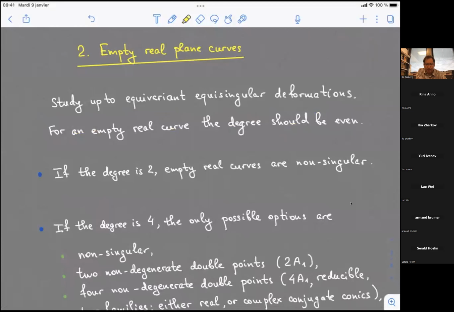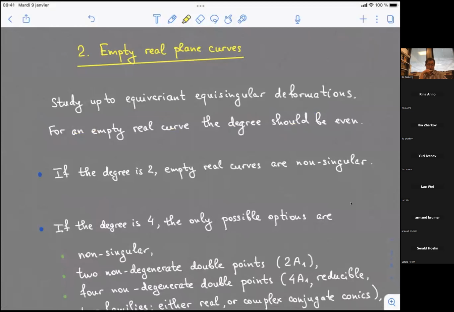Once again, a real object for me is a complex object equipped with an anti-holomorphic involution, and so we can consider real sextic curves such that the real part, the zero locus of the polynomial in RP2, is empty. I will call these curves empty.